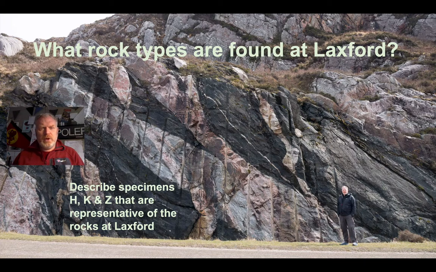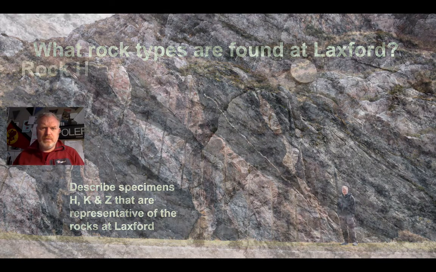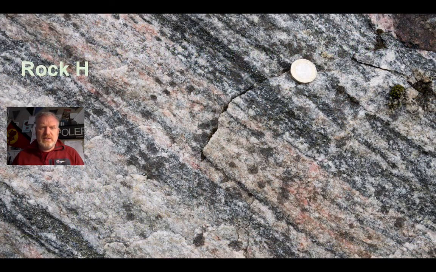Okay, so we've seen these 3 rock types. This is a photograph of rock H. The scale on this photograph is a pound coin, so you get some idea of how big this is. You can see, as we've just had the description of the specimen, the clear banding of minerals within this rock.